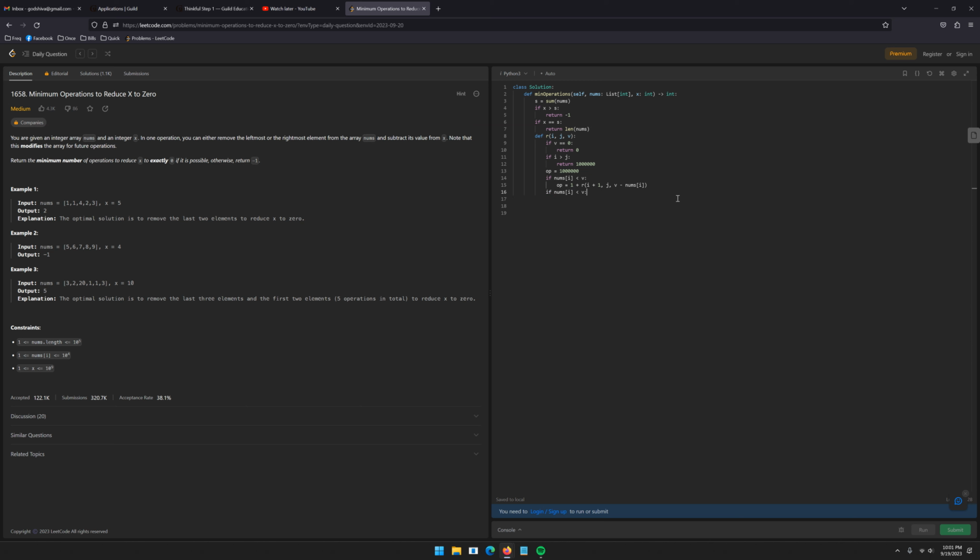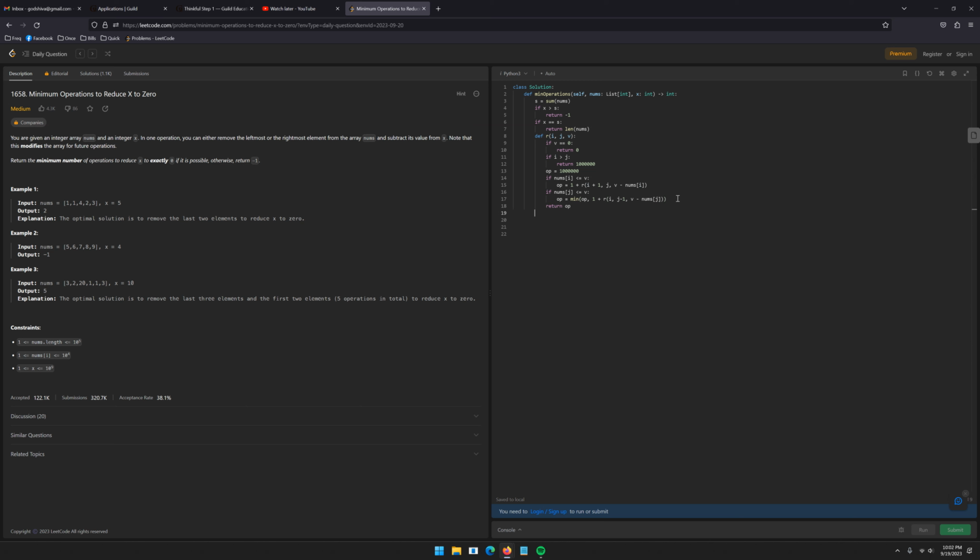Now, if nums of j is less than or equal to v, then op equals min of op or 1 plus r, because it's possible the previous option was better. It's basically the same thing, but moving in from this side: i, j minus 1, v minus nums j. And then we're just going to return op.